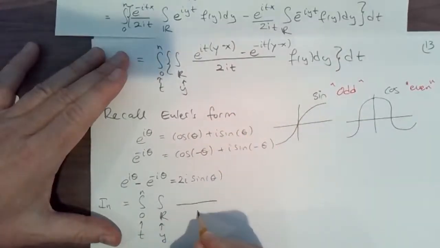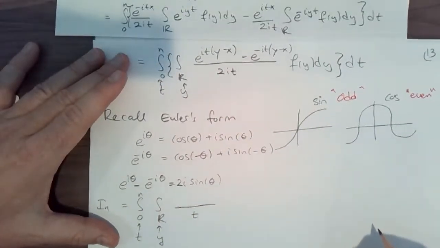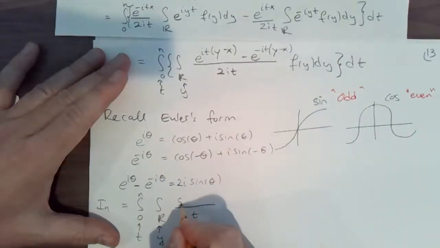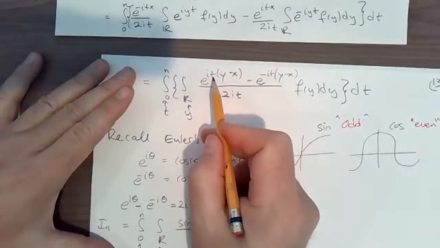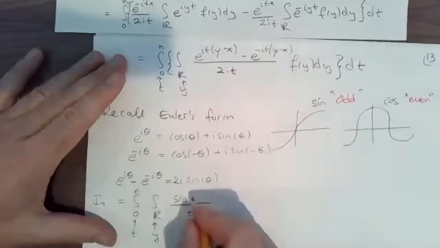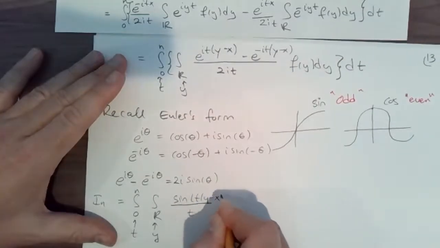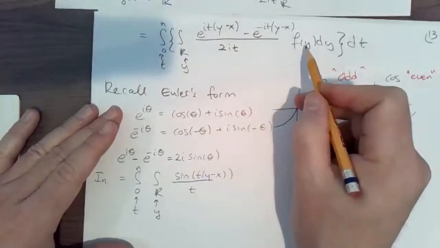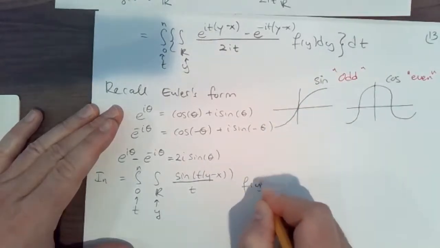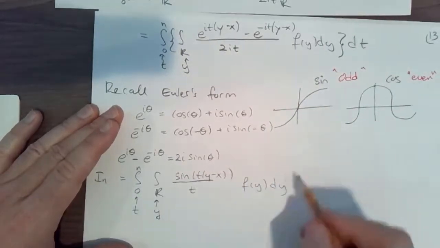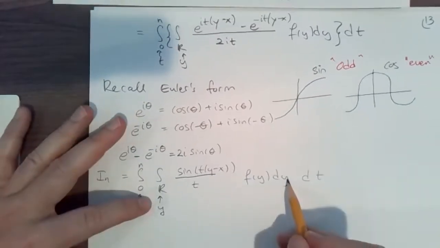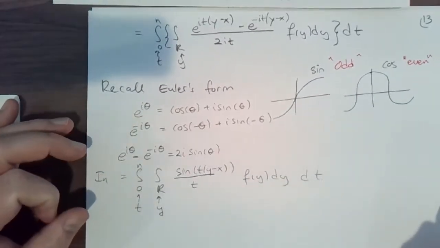I'll just be left with something here that has a t. My θ will be t(y minus x). Then I have my f of y, and I have my dt. So again, the y integral is the inner one, the dt integral is the outer one.